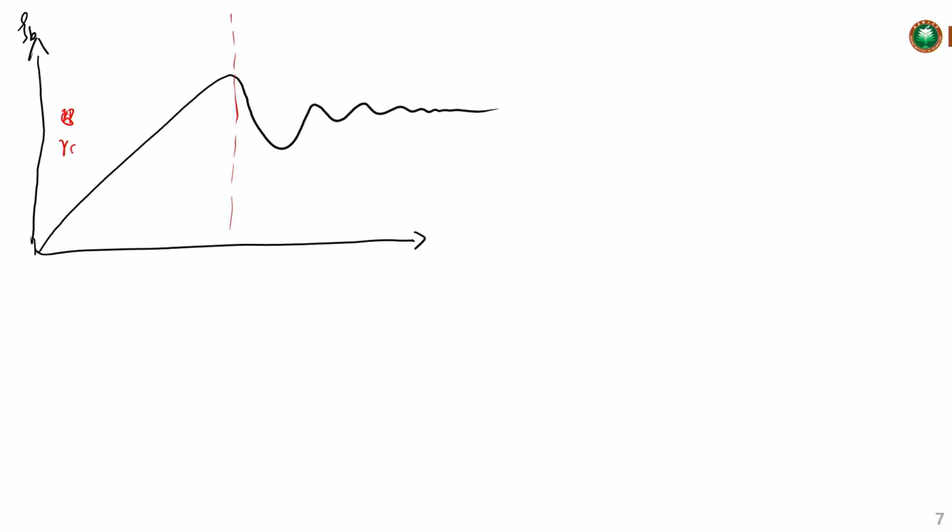Rayleigh region, and this region is the Mie region, all right? And also over the height forward, and here we call it the optical region. So for the x-axis, we have a parameter called chi.